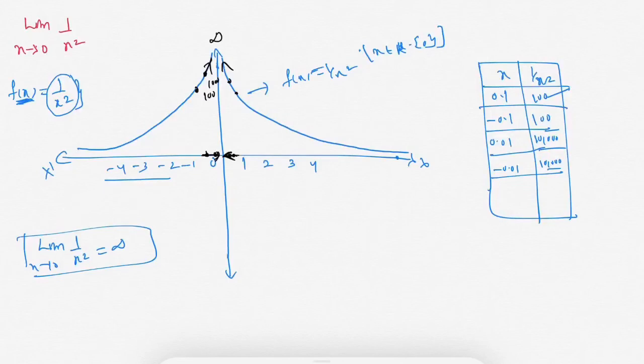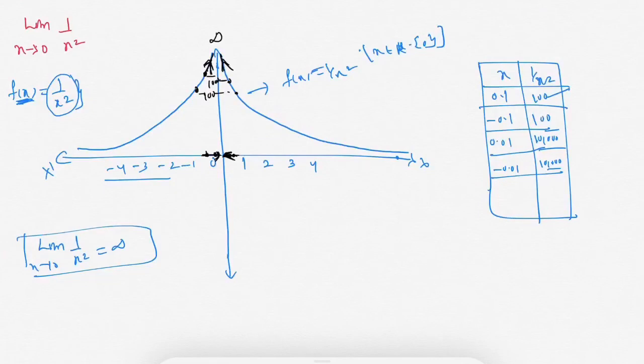For both you are getting the same value, here and here. As x gets very close, minus 0.0001, plus 0.0001, then y will approach a very high value, and both will tend to infinity.